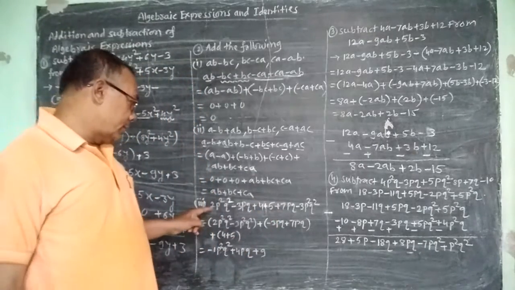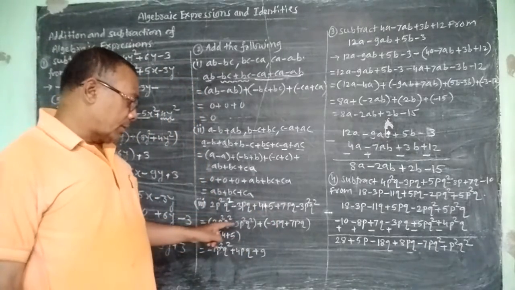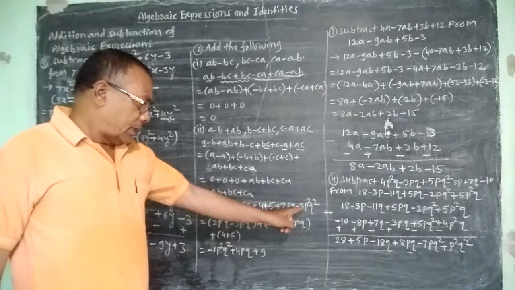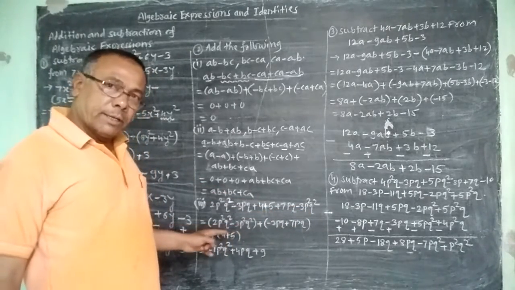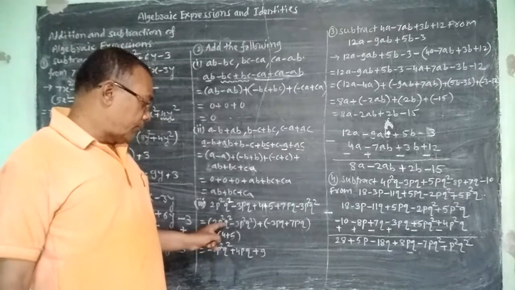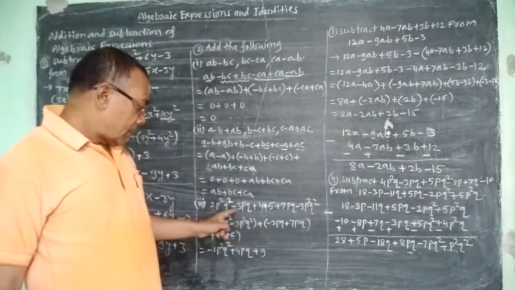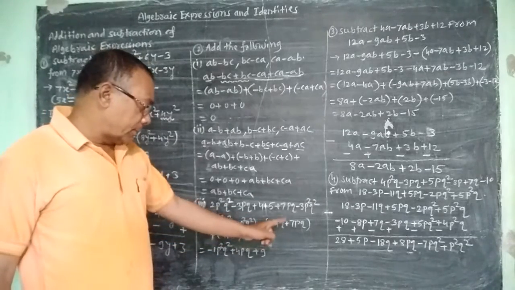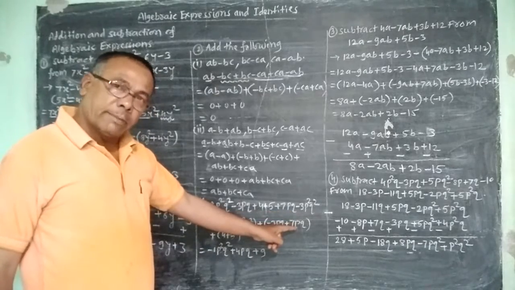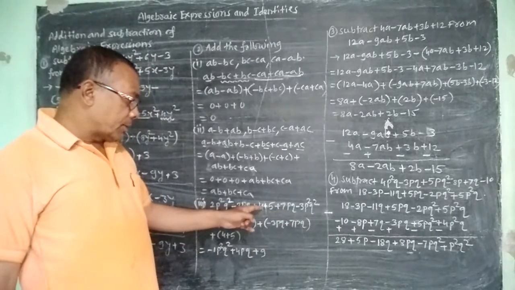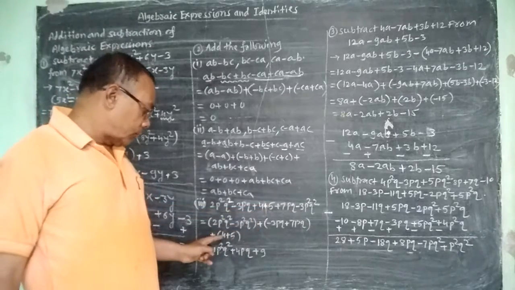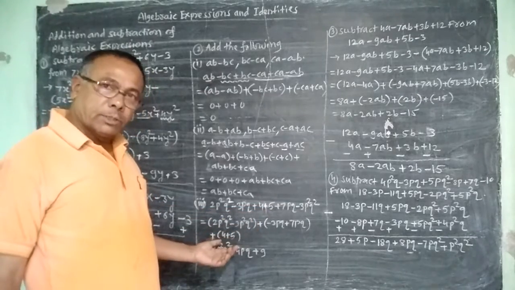So here we will get 2p square q square minus 3p square q square, that is the like terms I have taken together in the first bracket, plus minus 3pq and plus 7pq in the second bracket, and the only numbers, that is plus 4 and plus 5, so 4 plus 5 in the third bracket.